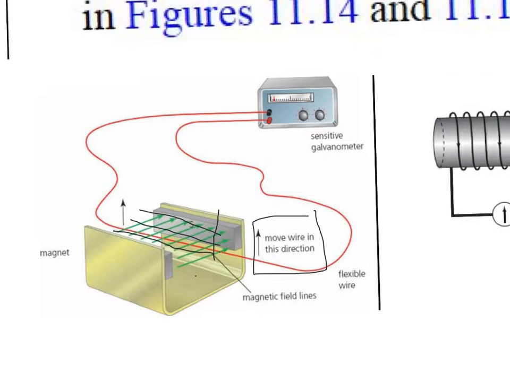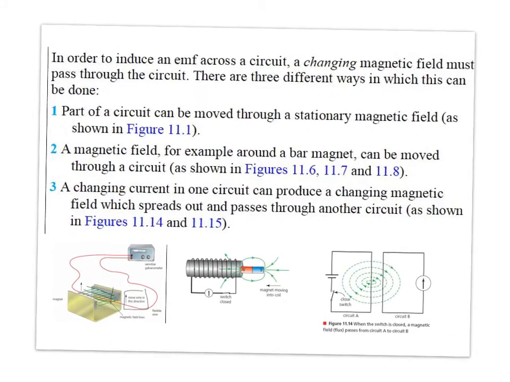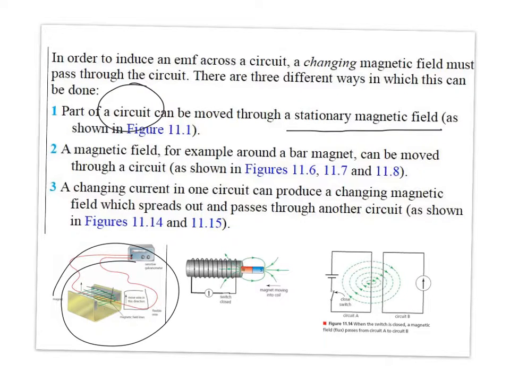Now, there are 3 ways that this effect can be produced. The first one is that the circuit, the conductor, is moved through a magnetic field that is standing still, like here, in this case. The second way of doing it is to move the magnetic field and keep the conductor still.